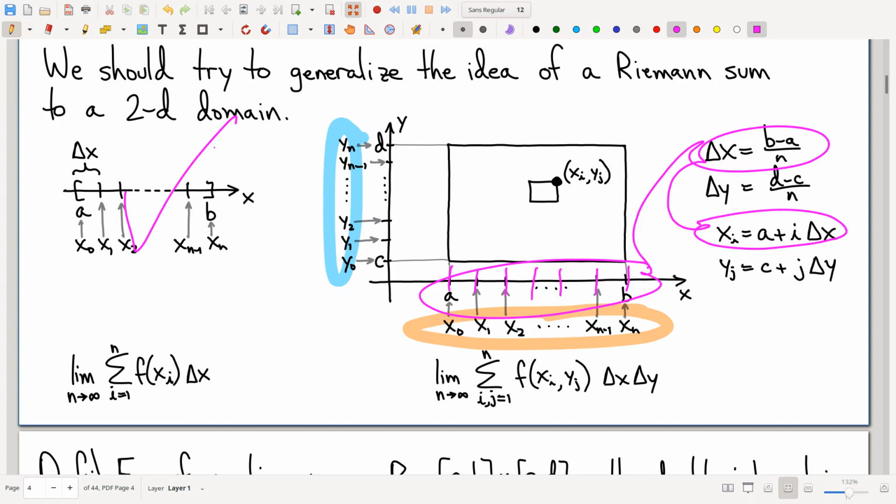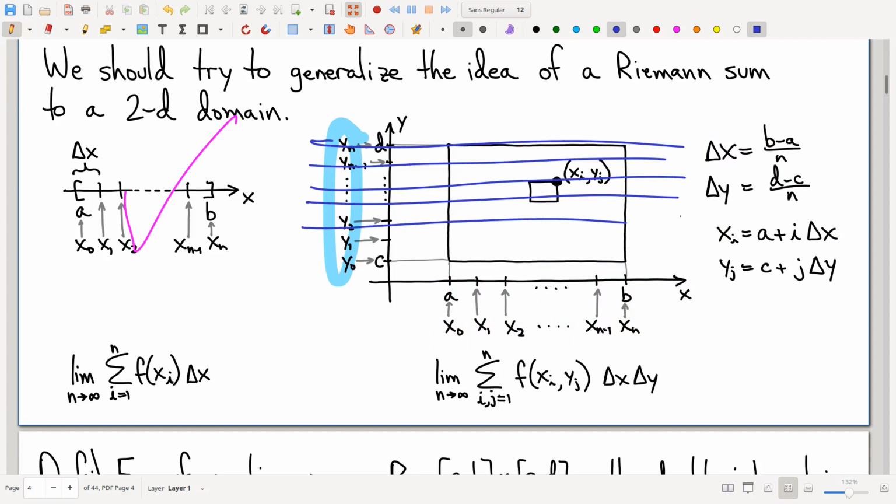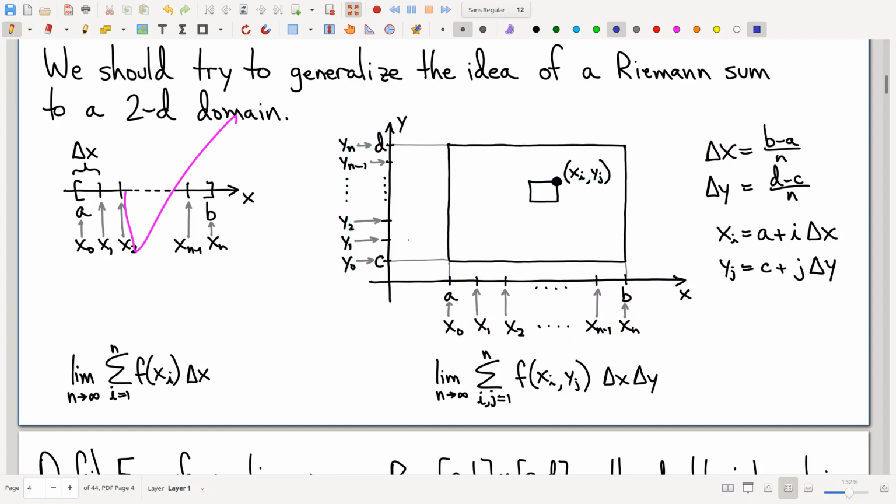Okay, that's old news. And then analogously, as we slice horizontally here, like this, notice we are also slicing up this interval from C to D. Now that is technically a little bit different, but it's not that different.